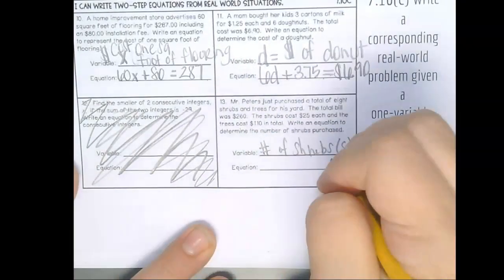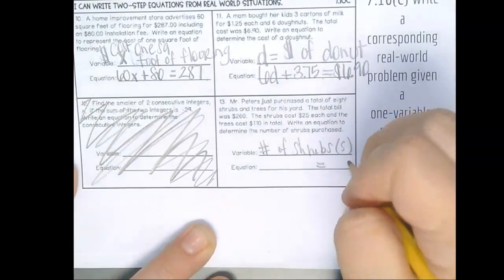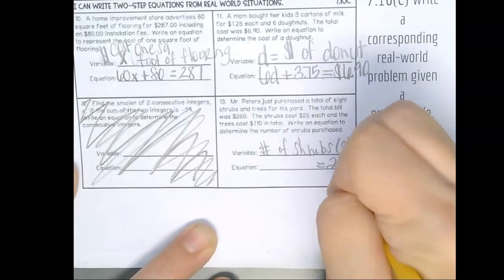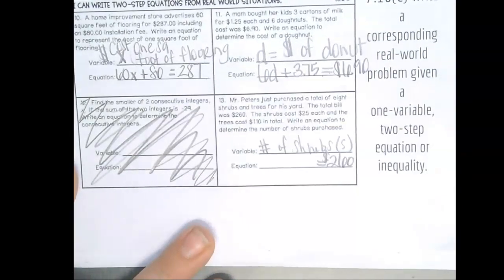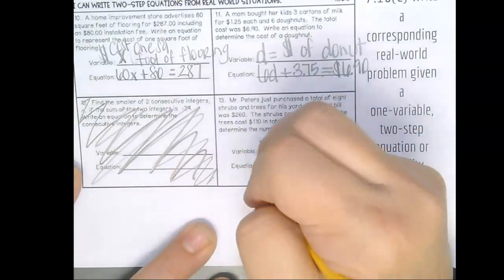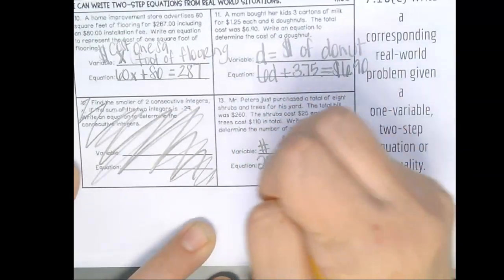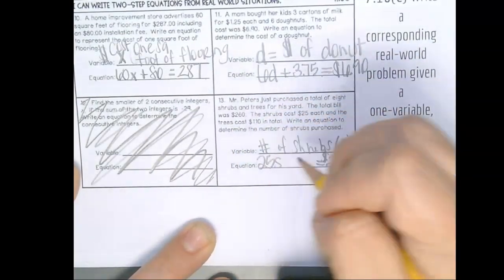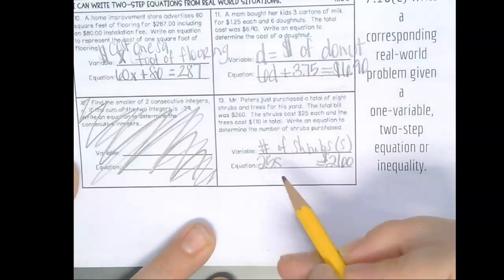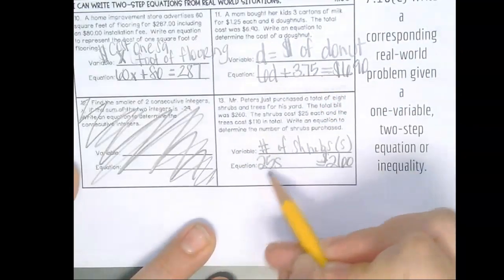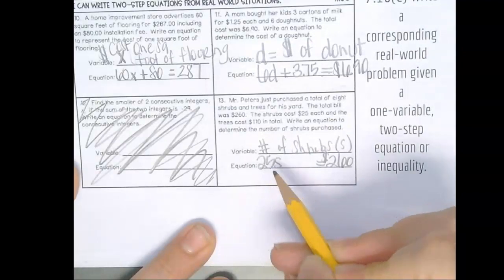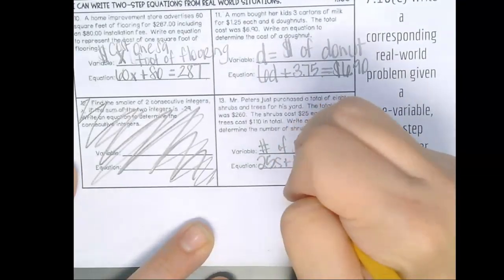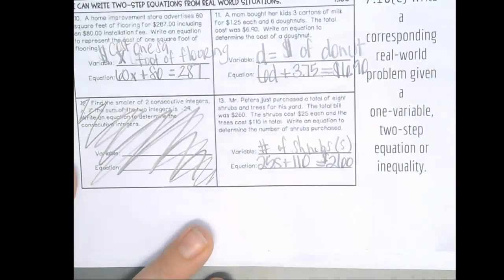Okay, so for our equation, we know that Mr. Peters spent $260, so that's going to be our total. We also know that the shrubs cost $25 each, and since the shrubs are our variable, we're going to put the S with 25. 25 becomes our coefficient, so 25S plus 110, because it tells us that they spent $110 on the trees that were purchased.